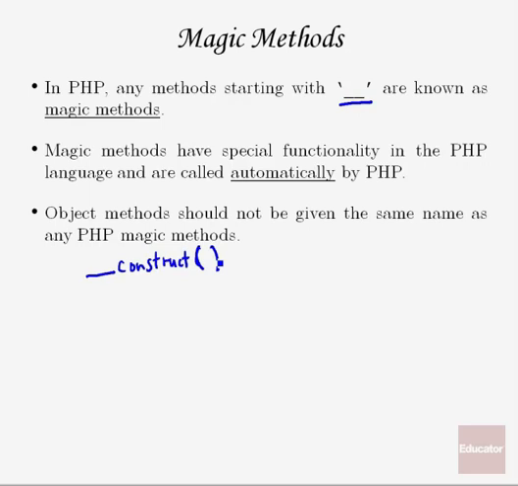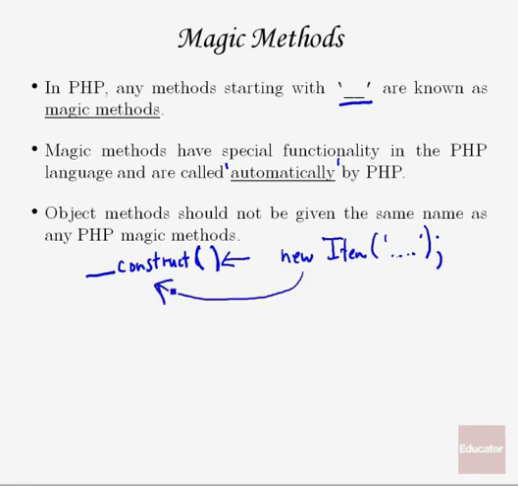Magic methods are special in that they're automatically called by PHP. For example, we know a constructor, whenever you use a new statement, for example, new Item, pass it some data, this construct method is implicitly called by PHP.